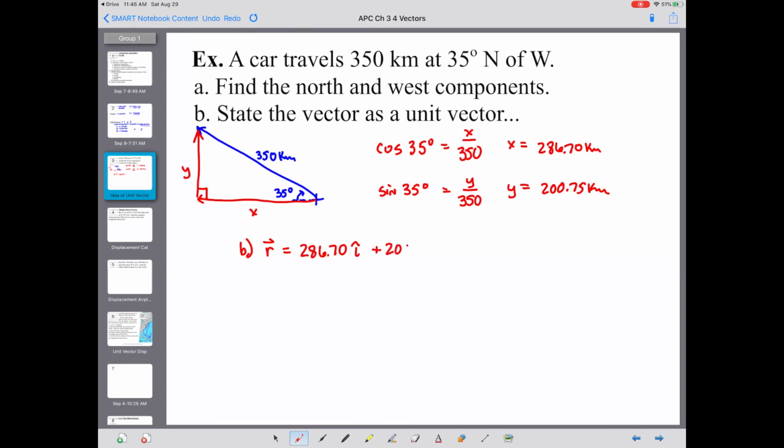The 200.75 kilometers is in the y direction, so I'll tag that with a j. Now, we also have to note that the x direction goes west or left, so that's going to be a negative value. So using unit vectors is just a streamlined way to be able to write out, and in the next one we're going to show how you can use it also to streamline the work that you do.